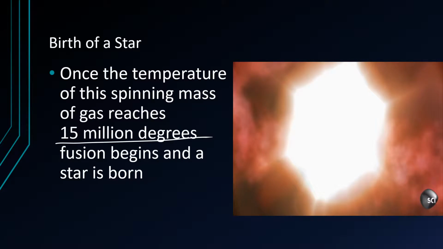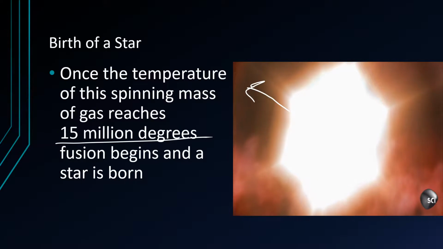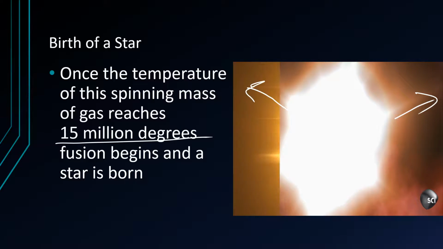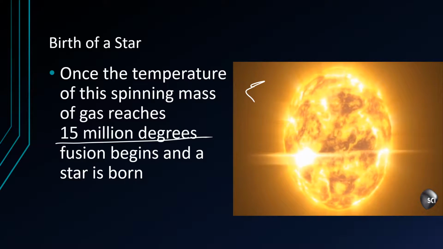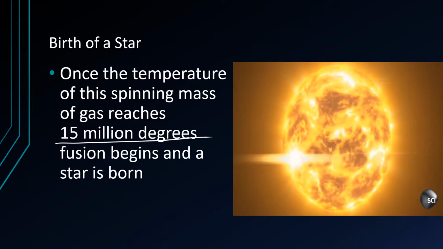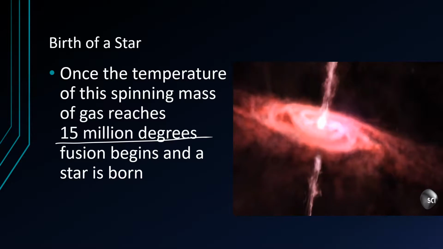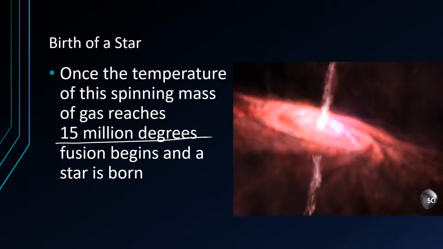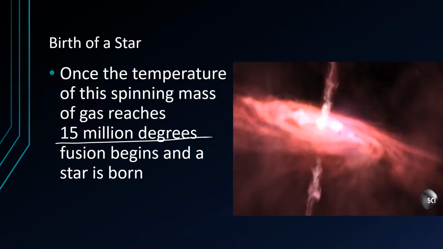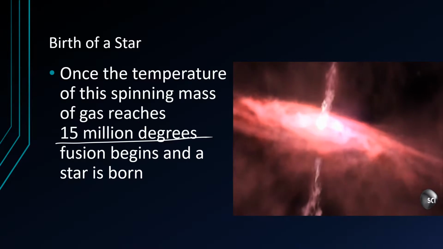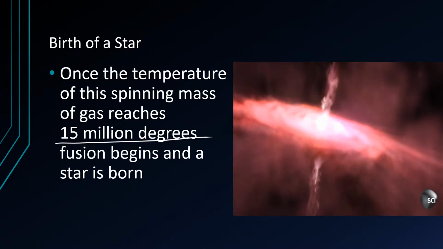Now notice right here in the video, you see the solar winds blowing away the accretion disk. So that leftover gas will form a series of possibly planets or a binary star.